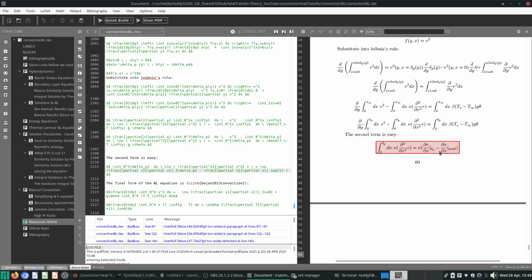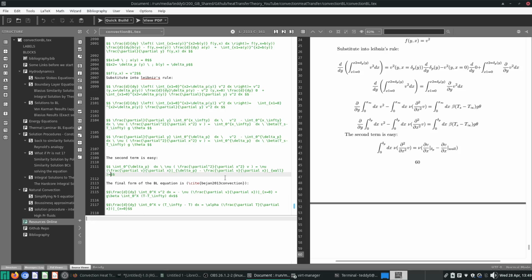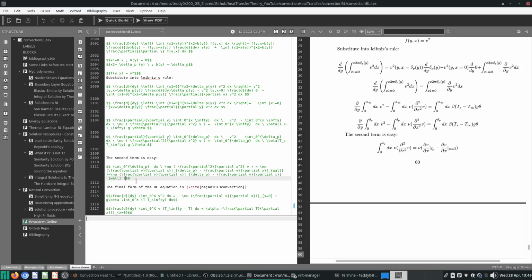Obviously, for this part in the free stream, I won't expect very much velocity variation in comparison to the wall shear stress, or the wall strain rate. I think this is called the wall strain rate.